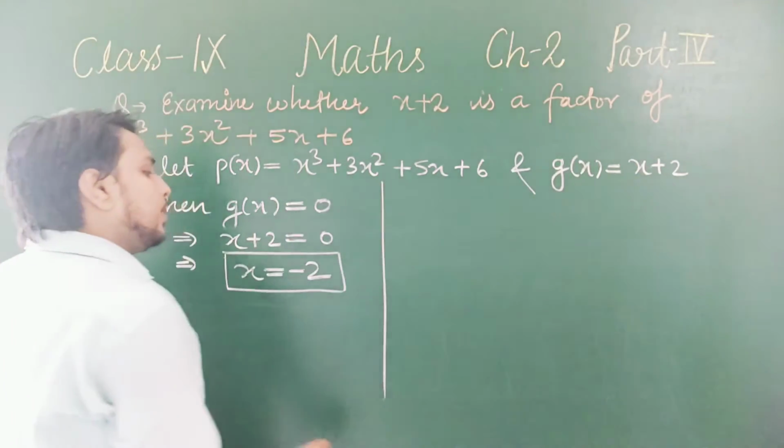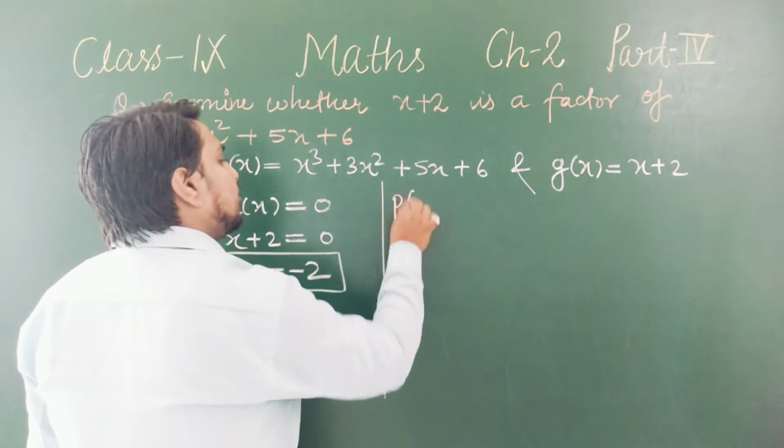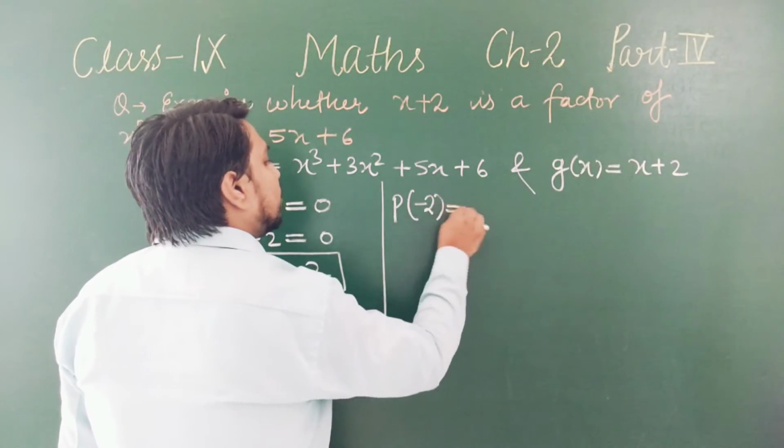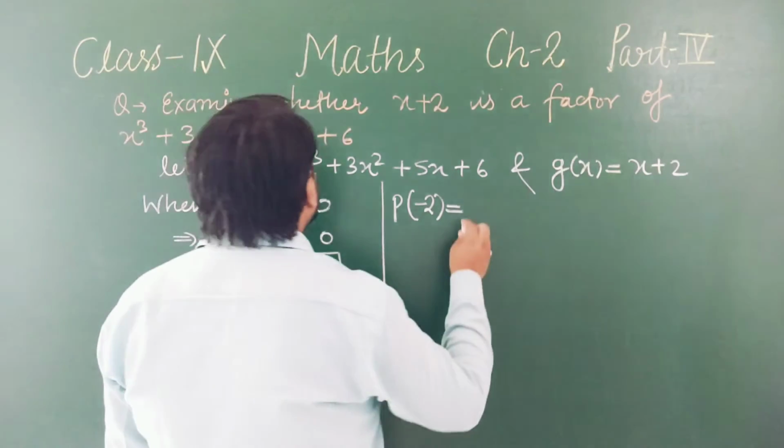And how will we find the remainder? We will put this value of x in the polynomial p(x), which means we will find p of minus 2. Wherever there is x, we will put minus 2, and let's see what remainder is coming.